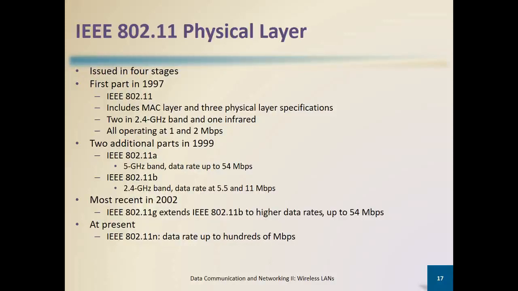Now, in most recent times, from 2002 and up, you have the G's and that supports much higher bandwidth. And the current one happens to be the N, which has data rates in hundreds of megabits per second transmission. Quite impressive today, to think about how far it's come within the stages of the physical layer of the IEEE 802.11.